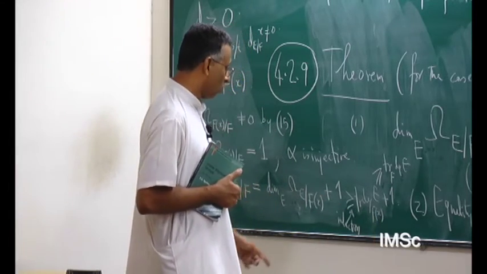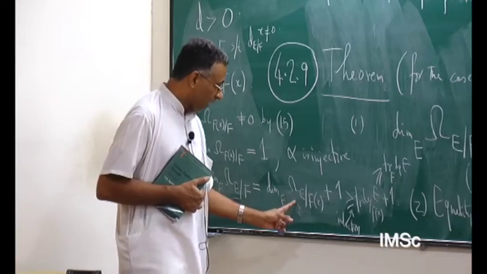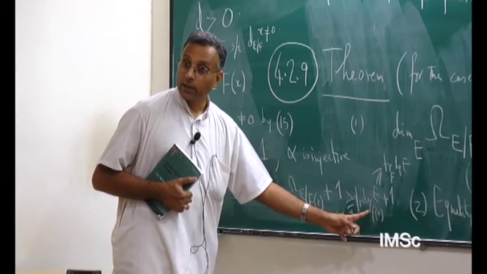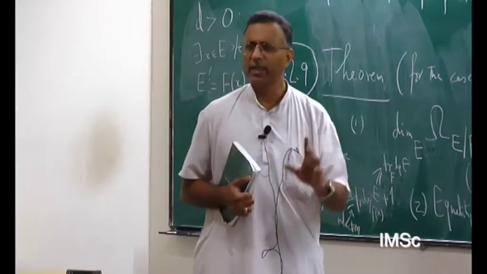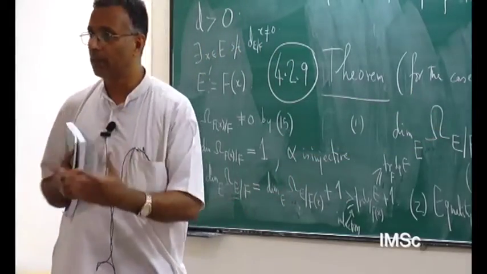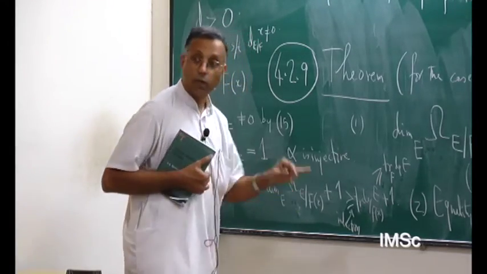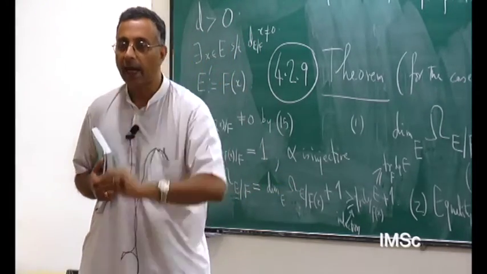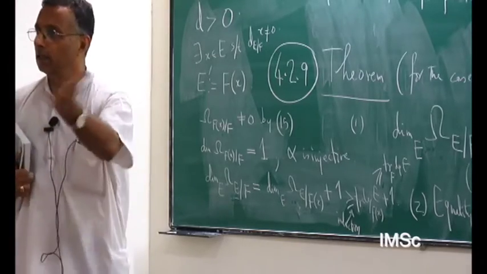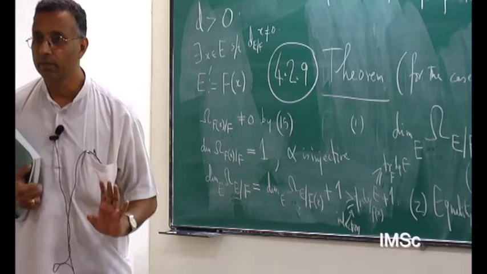Okay, and by induction, I know if these two are equal, there is a transcendence basis, which is called a separating transcendence basis. So there exists a separating transcendence basis for E over E prime. I attach x to it, and I get a separating transcendence basis for E over F.